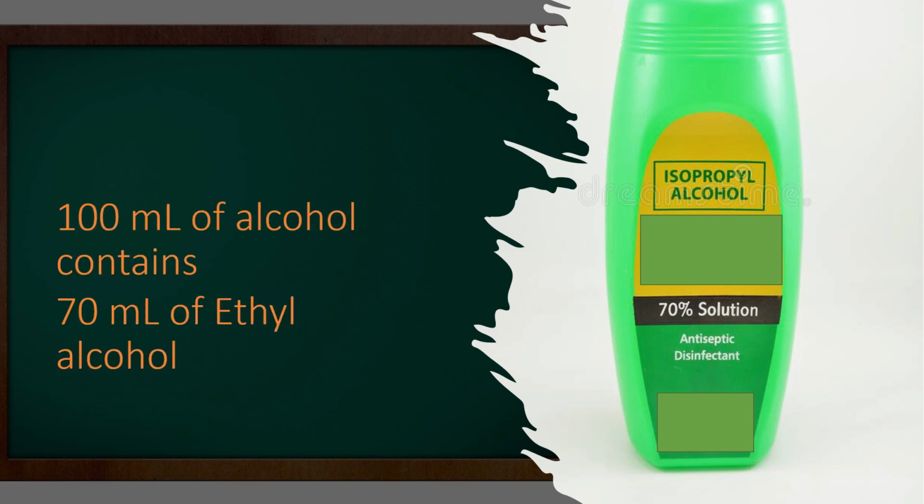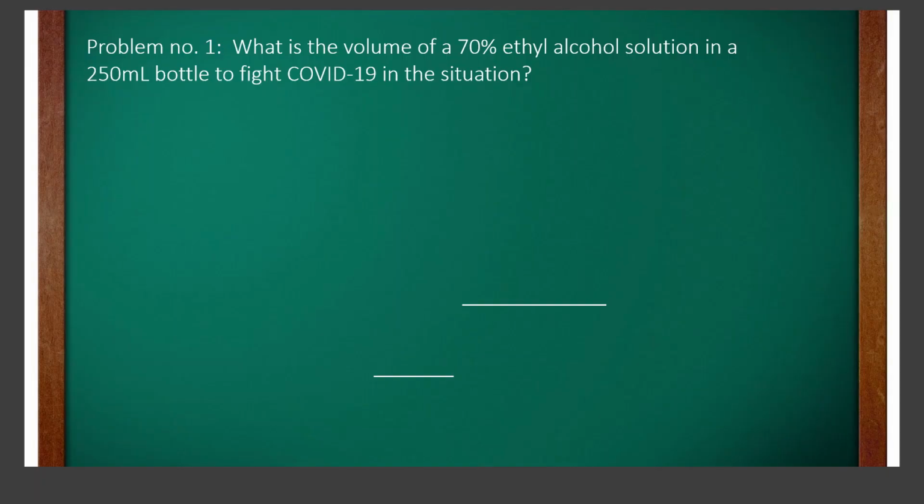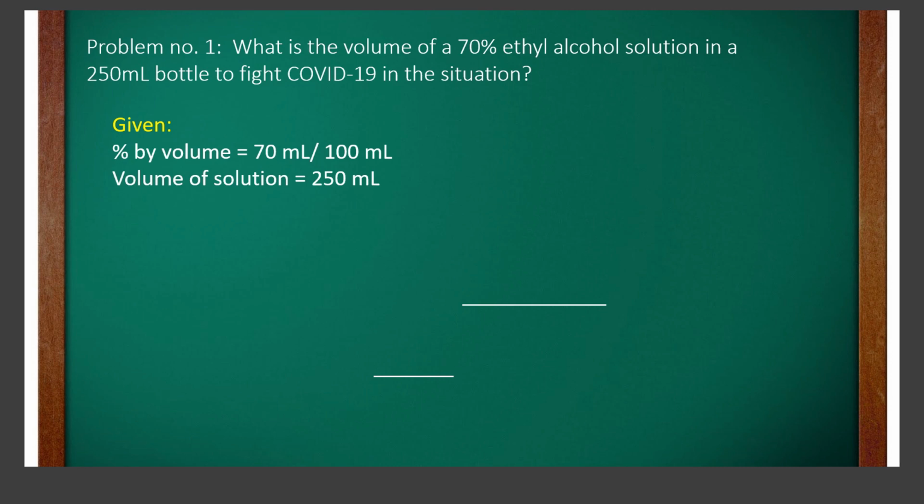In 100 ml of alcohol, it contains 70 ml of ethyl alcohol. What is the volume of ethyl alcohol in a 70% ethyl alcohol solution in a 250 ml bottle? The given percent by volume is equal to 70 milliliters per 100 milliliters.